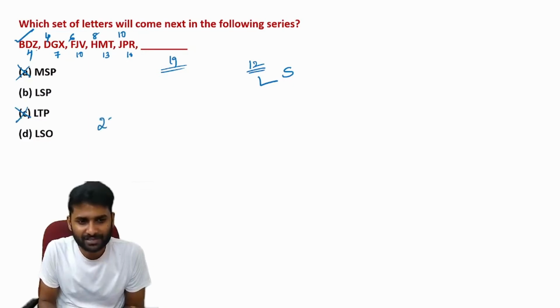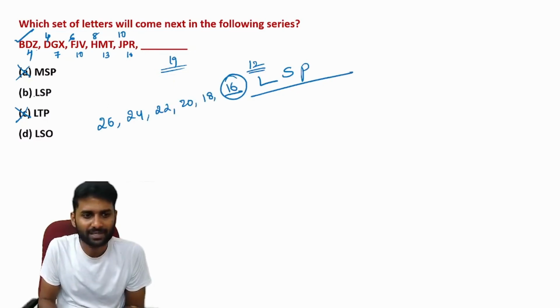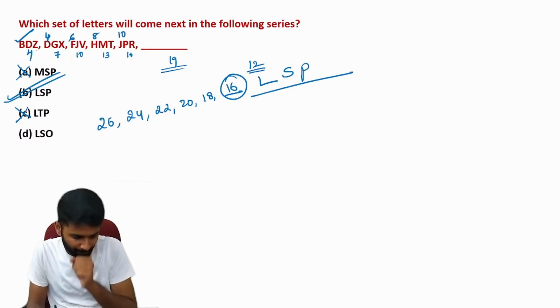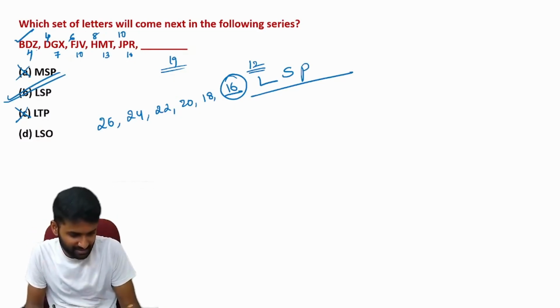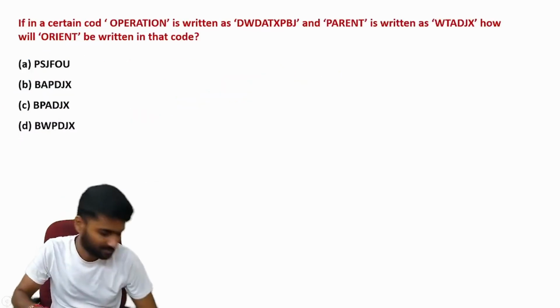Z is the 26th letter, then X 24, V 22nd, T 20, R 18. So we require the 16th letter. The 16th letter must be P. So the answer LSP is the correct answer. Yes, very good. LSP is the suitable one. Next.